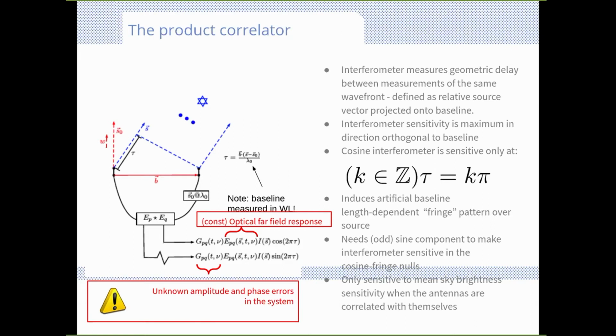Now, channelized space shouldn't be confused with the geometric Fourier relationship we get purely from this delay term that we're measuring here. We can measure this geometric Fourier relationship, the spatial frequencies of the sky brightness distribution, either in lag space or by channelizing the voltages. So that's just something to keep in mind. Please don't confuse those two.